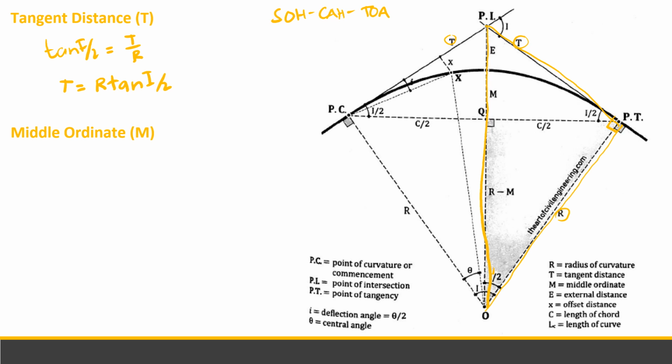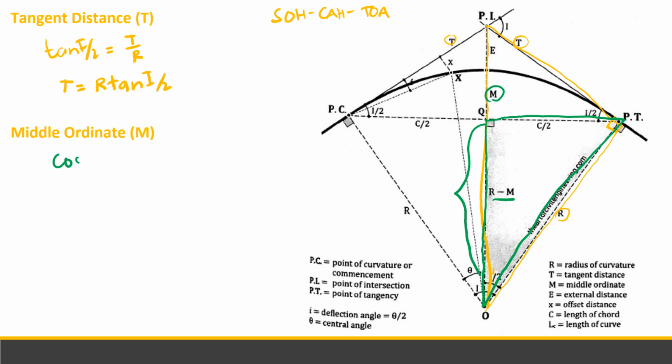So ngayon naman, the middle ordinate. So itong variable na yan. So considering triangle Q, PT, and O. So dito, Q, PT, and O. So originally, this distance is R. So para ko yung distance na to, so this is R minus M. Now, given R and yung I/2, yung central angle natin, we will just use cosine.